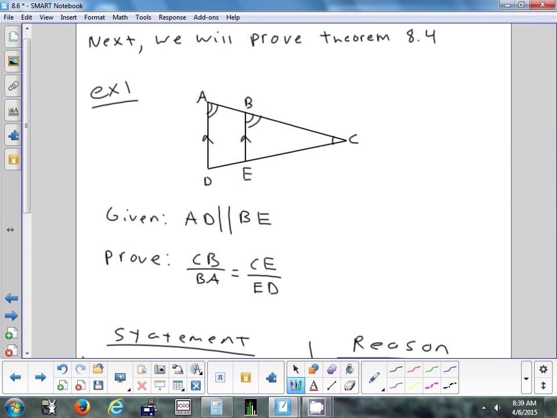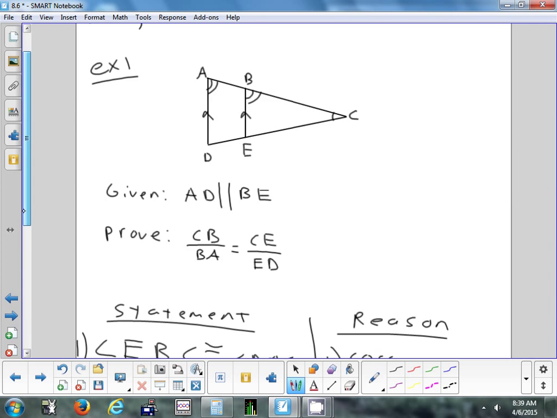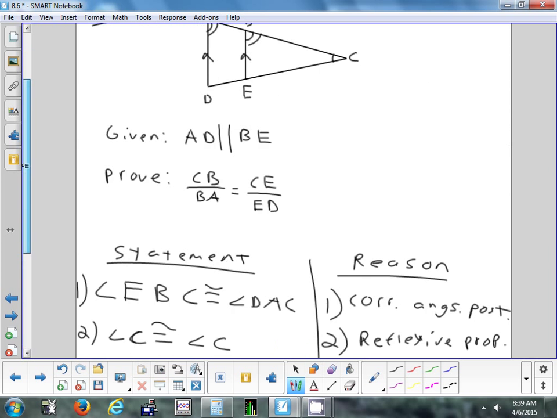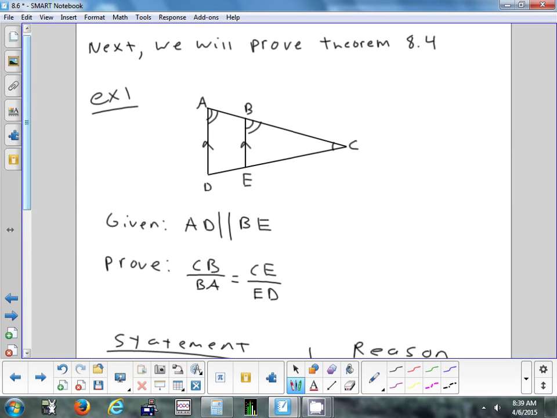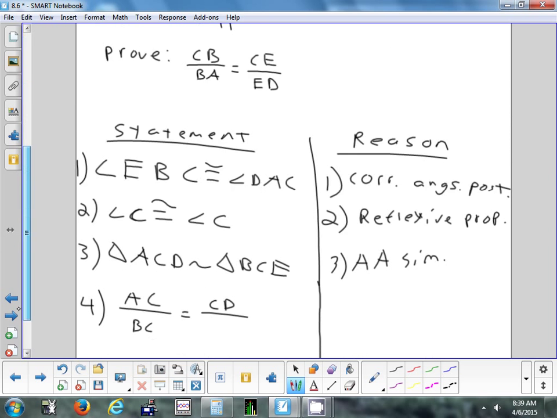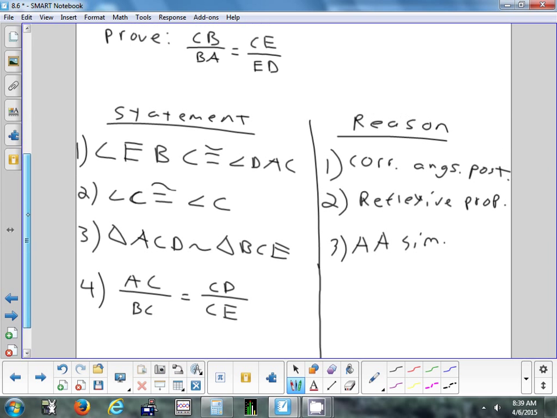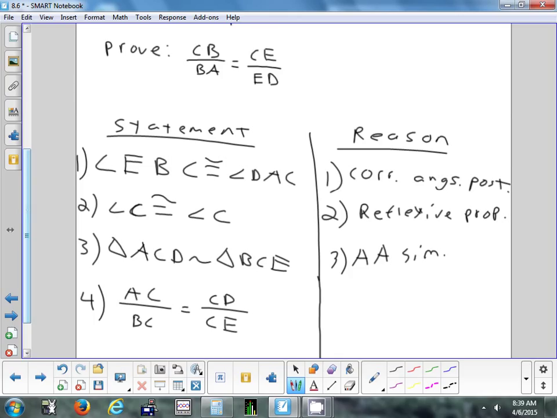Compare big side on the bottom, CD, over the small side on the bottom, CE. And you know what I'm going to do? I'm going to try to write my sides in the order that they have them. I did CE. So did they. What's the other one we used? Let's see. They did CB. I did BC. I'm going to switch it just so it's the same as what they did.